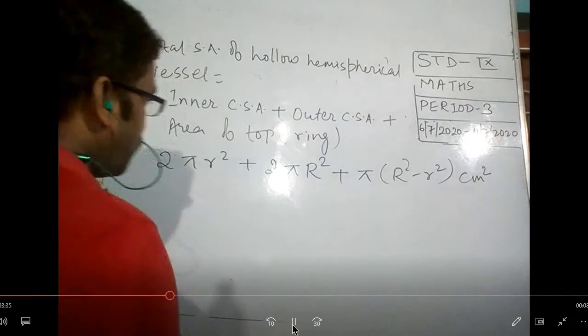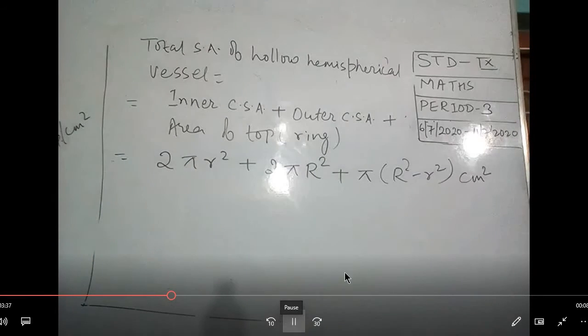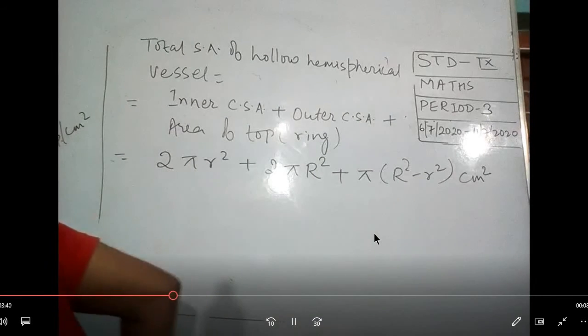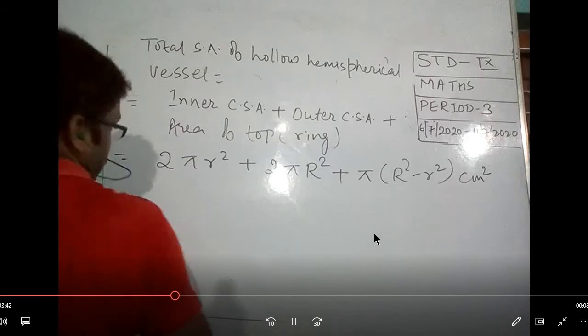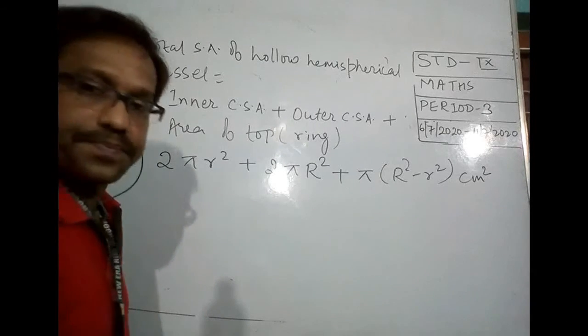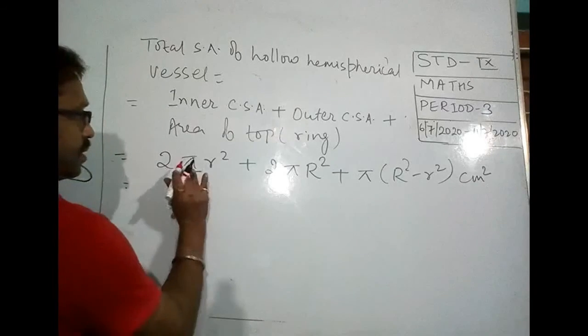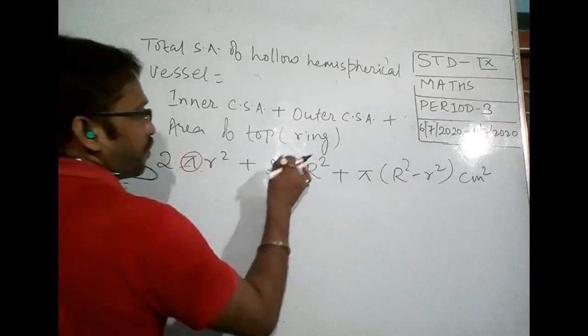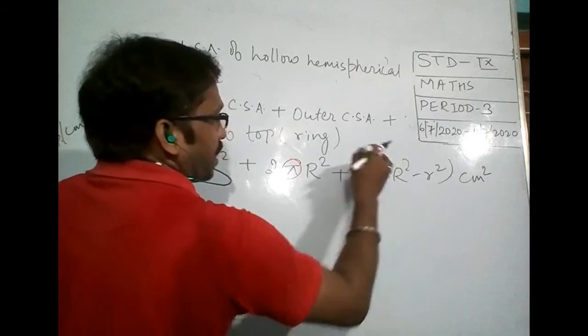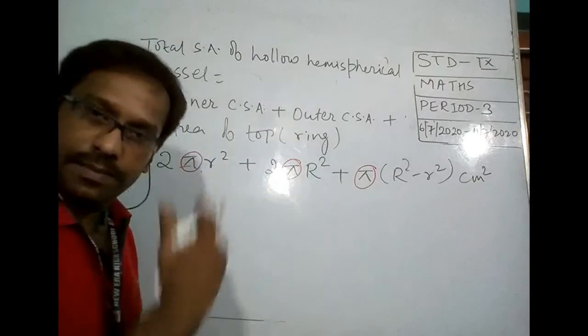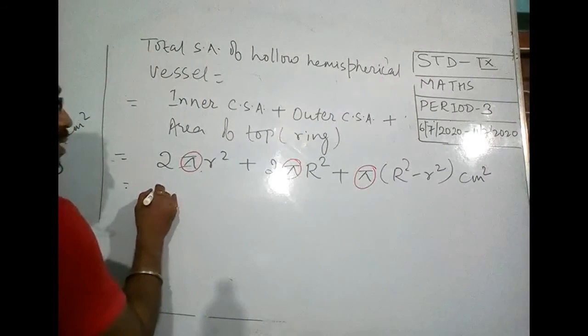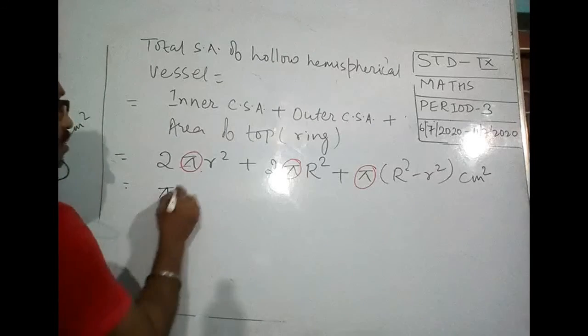Okay, so now see here, pi is pi, and here is pi. This is common, so it will become pi outside.